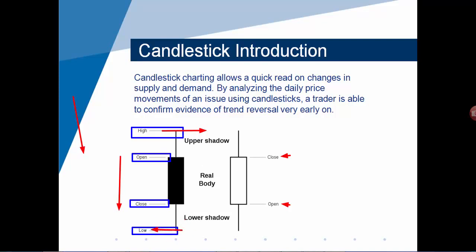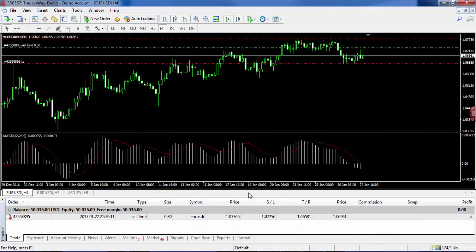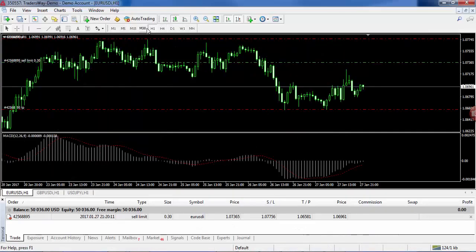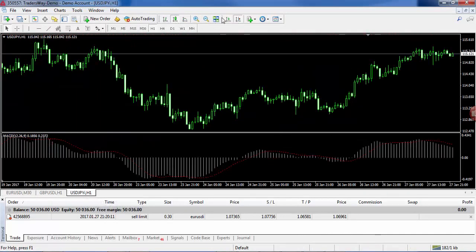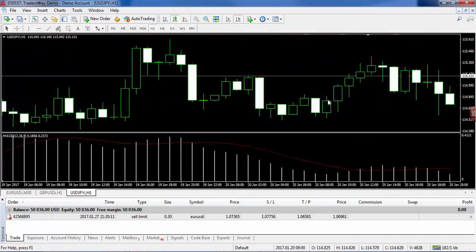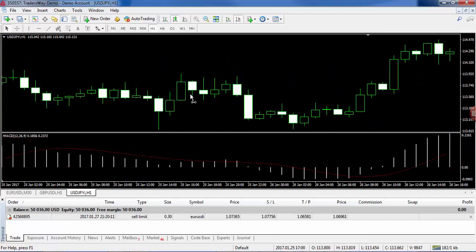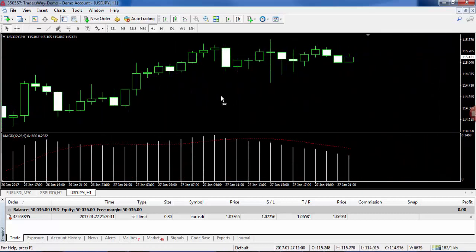And again, if we look on our charts, let me actually use another chart here and magnify. So if we're looking at, let's say, this candle here, this is a 1 hour chart.